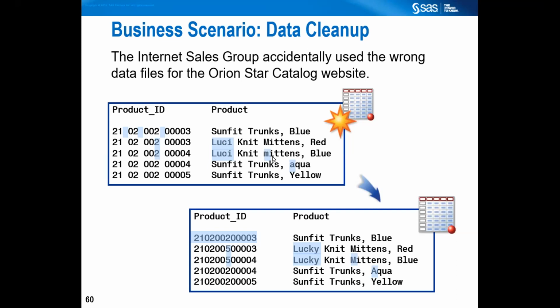And these words should be in proper case. Understood? And it's also telling that in product ID, wherever there was a mitten, in that case, this product ID at this place has to be replaced with the digit 5.